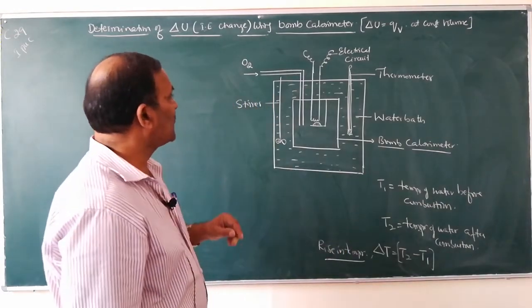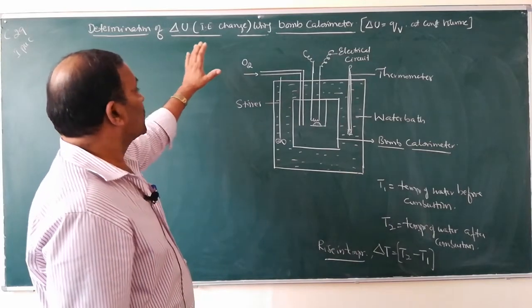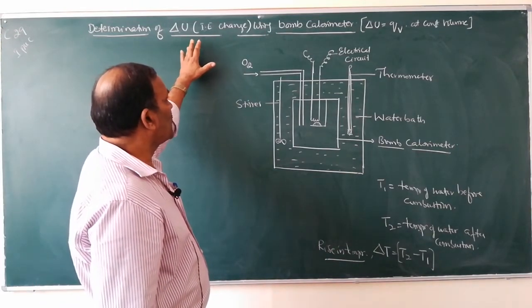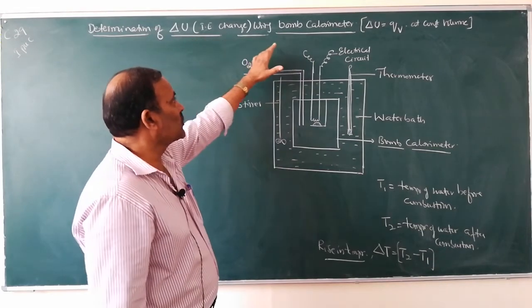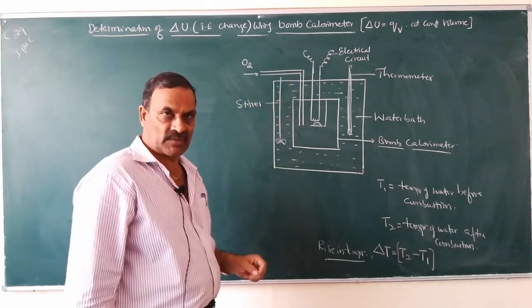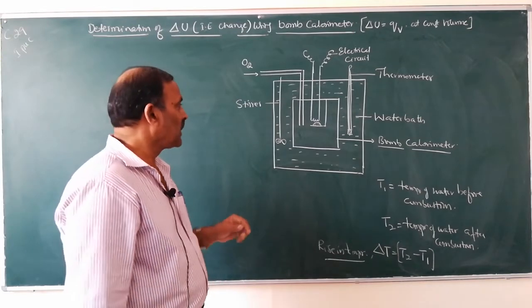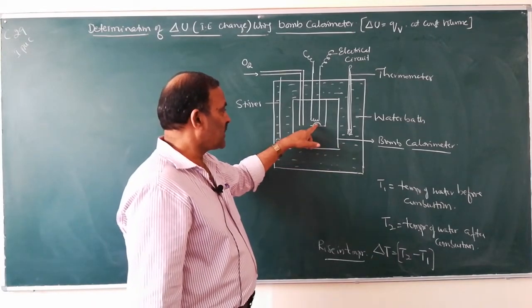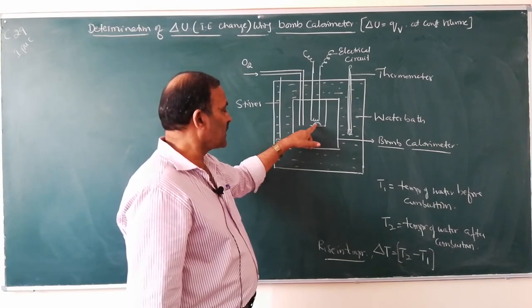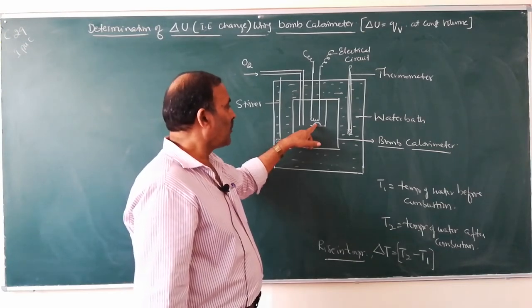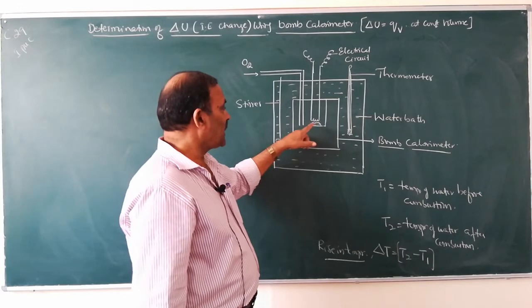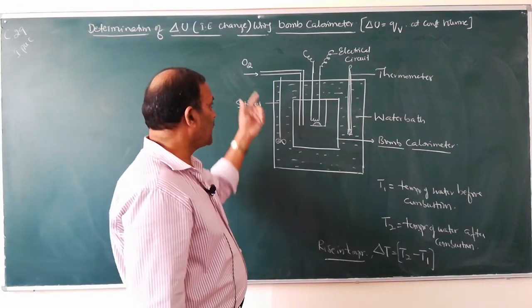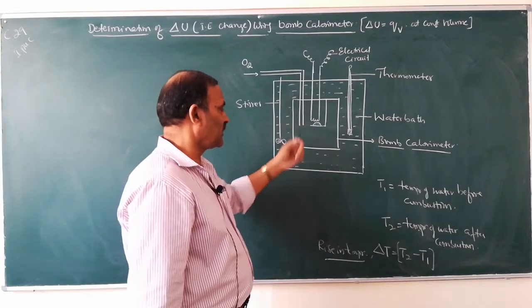So what is the first thing? The change in internal energy delta U can be measured using bomb calorimeter. This is the first point. A combustible substance of known mass is taken in the bomb calorimeter and it is ignited or burnt in excess of oxygen.